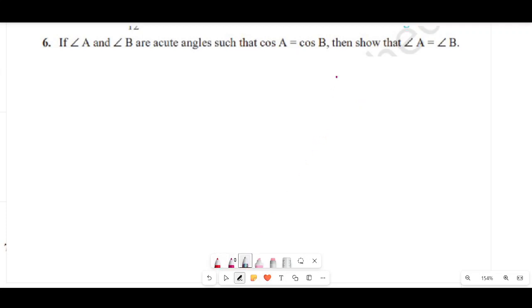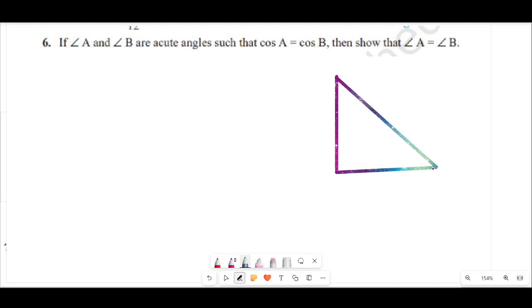That is our aim. Here, this is a triangle. Now, we make an acute triangle, this is A, this is B, and this is C.